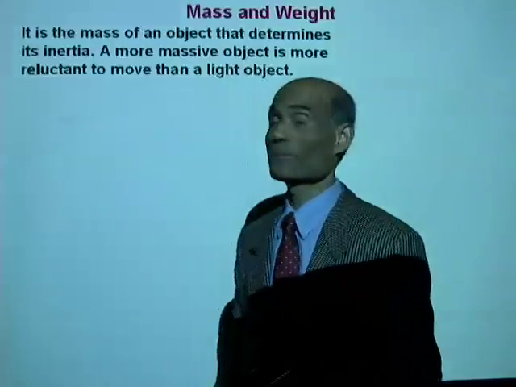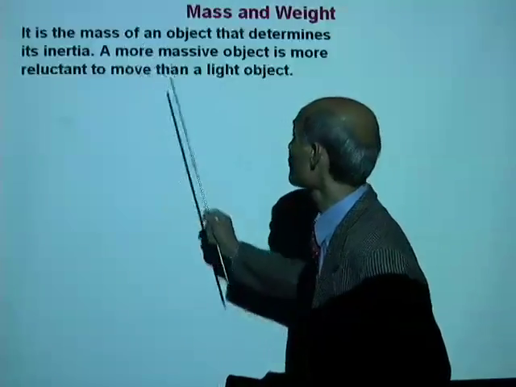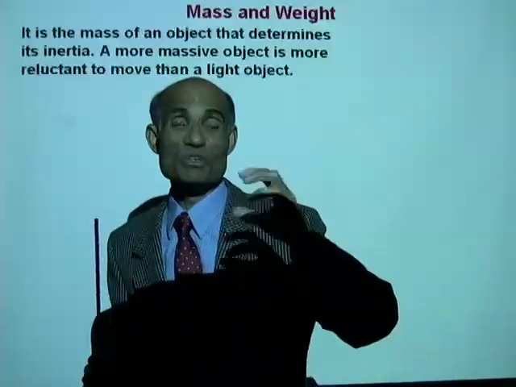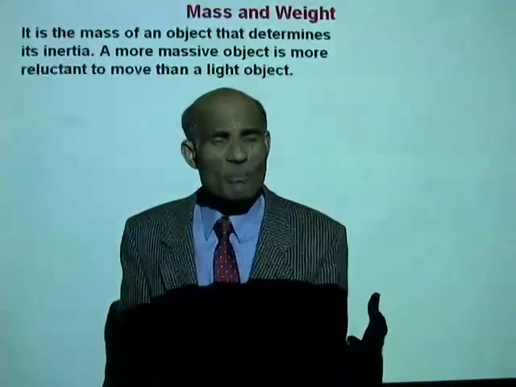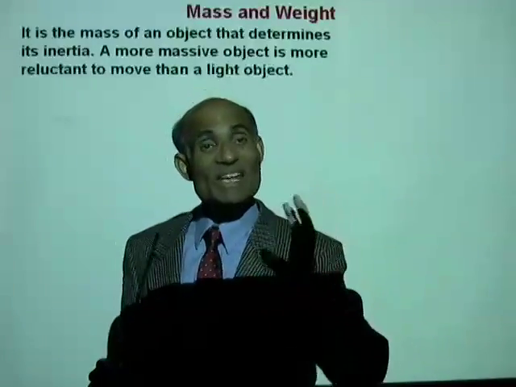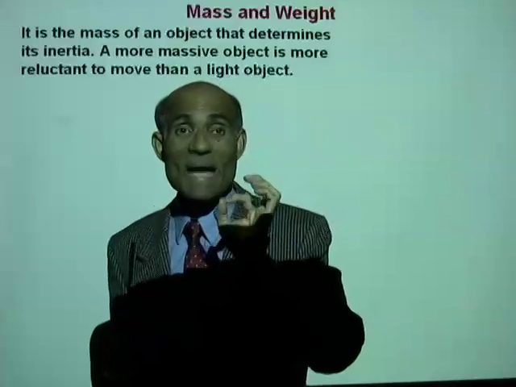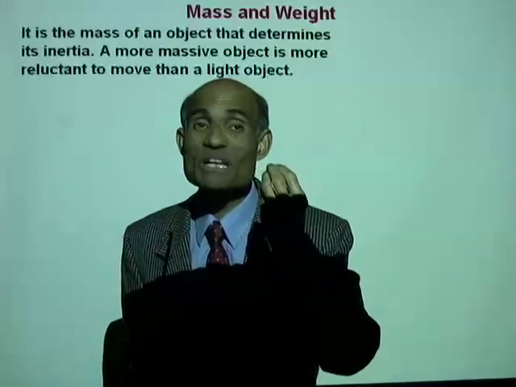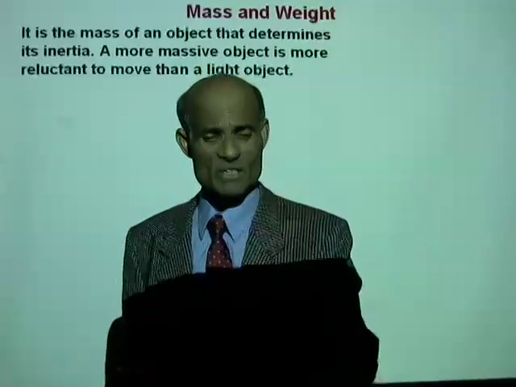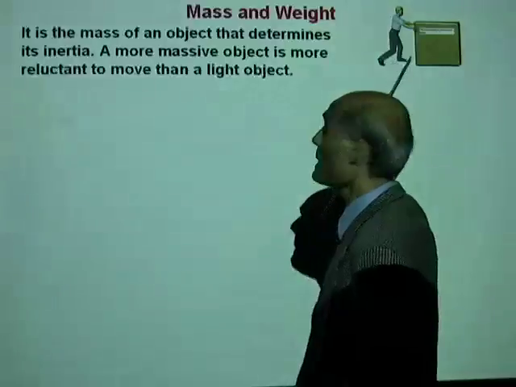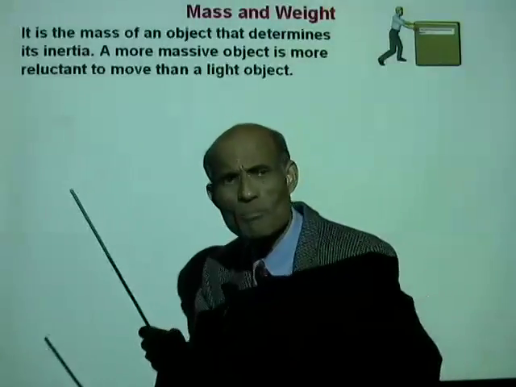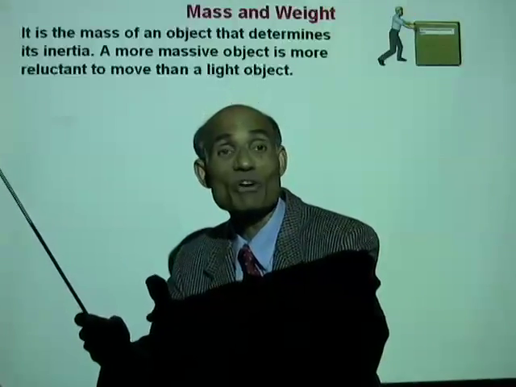Let's discover that. Now, it is the mass of an object that determines its inertia. You see, a massive object, it is very difficult to move it, whereas a light object, you can easily move it. Therefore, mass of an object can be simply defined as its inertia, the amount of inertia. Is that right? Now, you have a great big box. It takes a great amount of effort to move it.